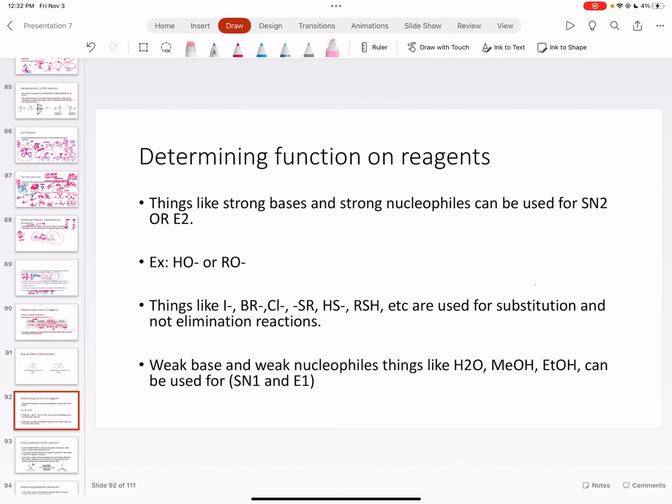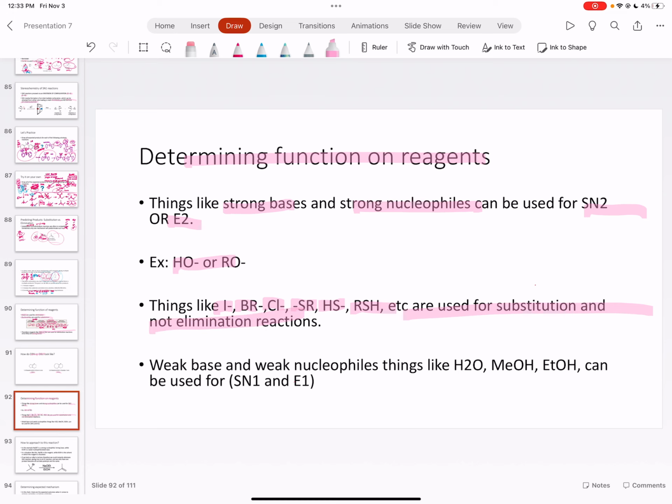So again, determining the function of reagents: things like strong bases and strong nucleophiles can be used for SN2 or E2. So things like OH and OR can be used for SN2 or E2. But things that are really reactive, like iodine, bromine, chlorine, things with sulfurs, are just used for substitution and not elimination reactions.